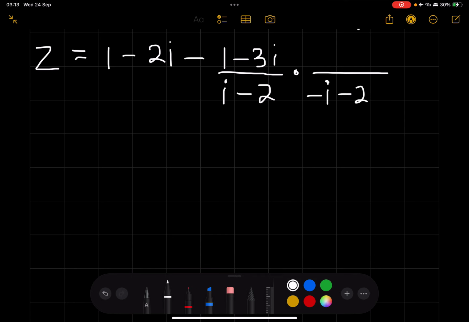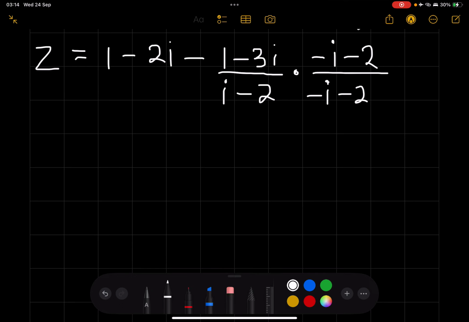Then the other part remains the same. So a conjugate of a complex number is just you switching the sign on i and leaving the real number the same way it is. Then on top you do the same thing. Good. Remember, we multiply by the conjugate of the denominator, not the numerator.